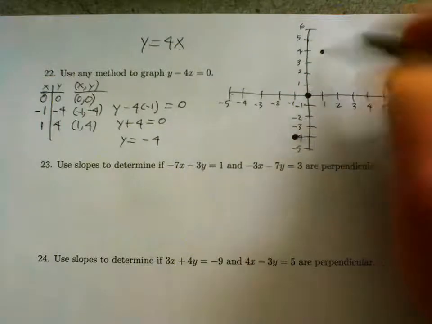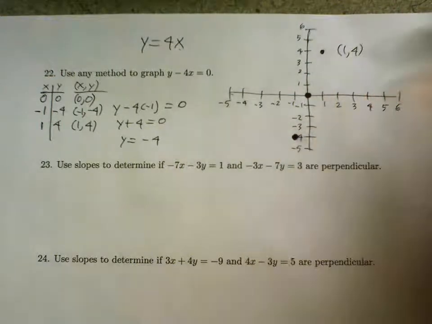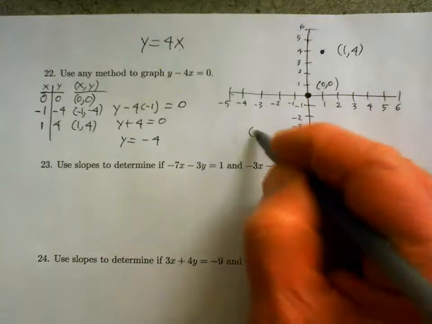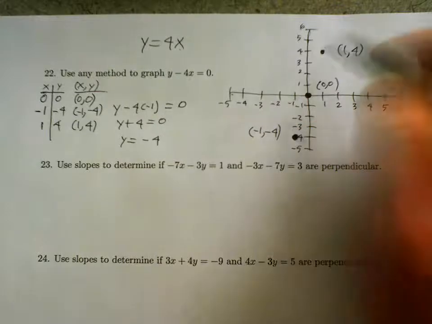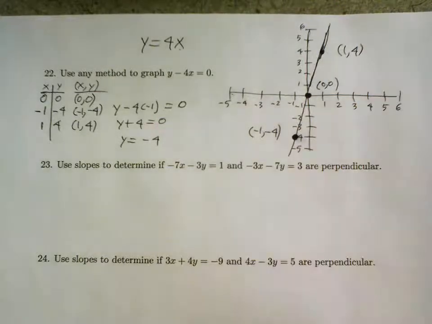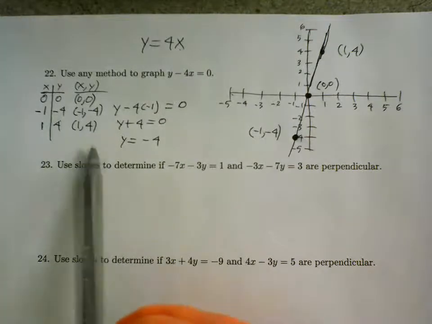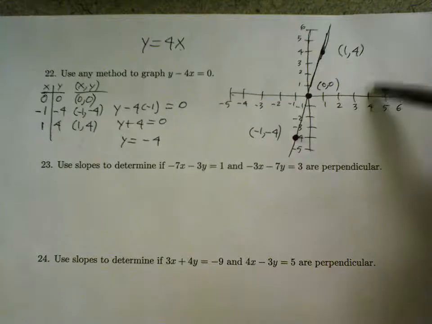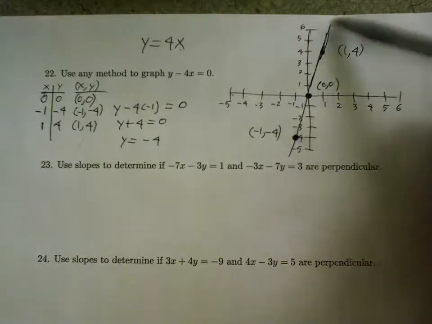So 1, 4. This one's 0, 0, and -1, -4. So draw a line through those points. So 1, 4 is a point on the line, but the ordered pair 4, 1 is not on the line. The ordered pair 4, 1 is over here, but it's not on that line.